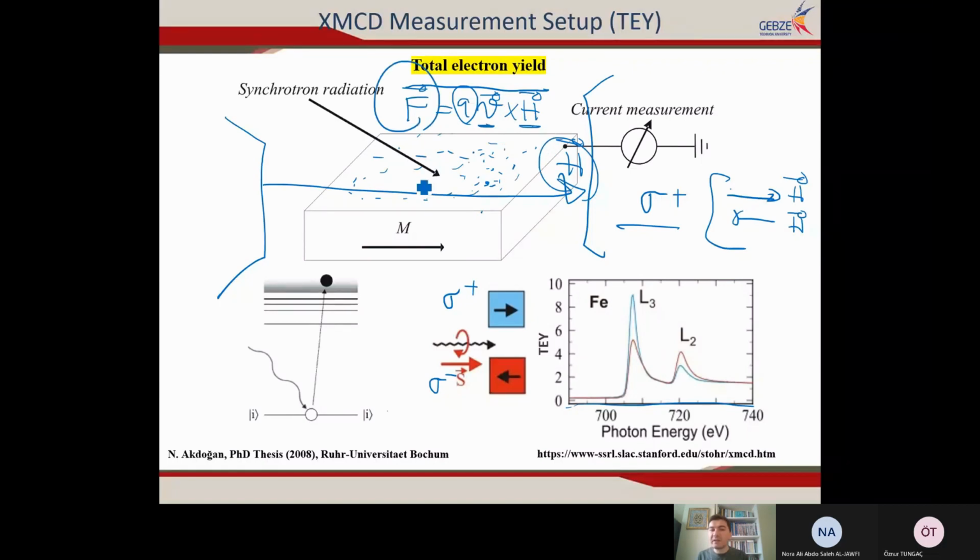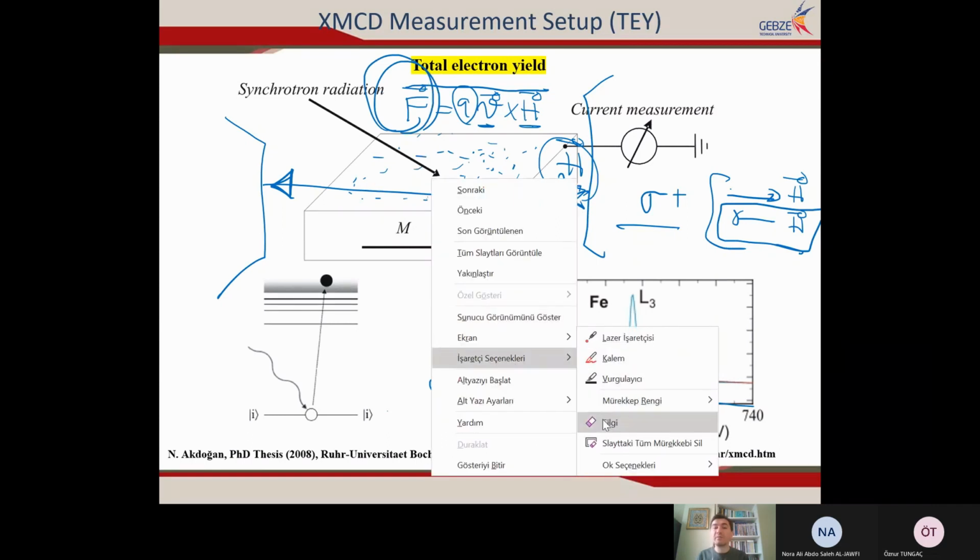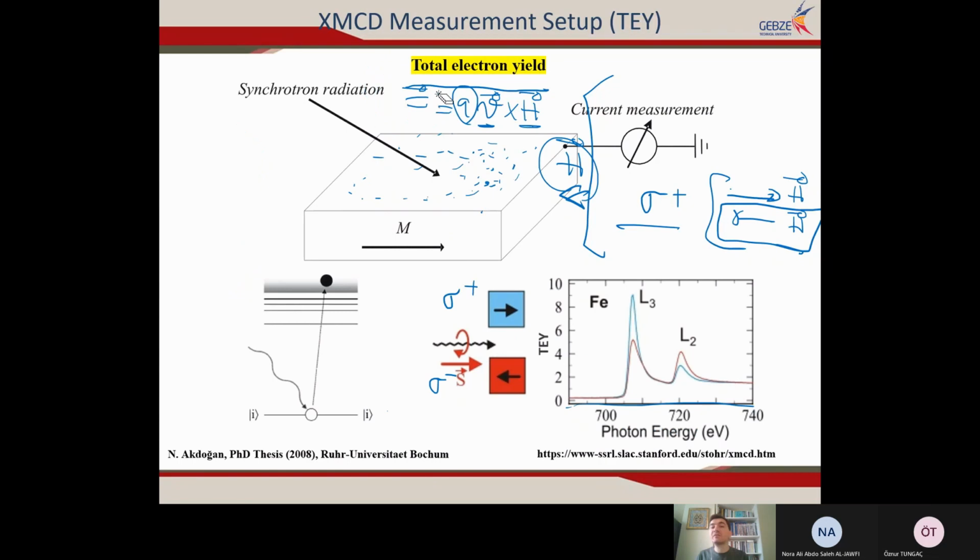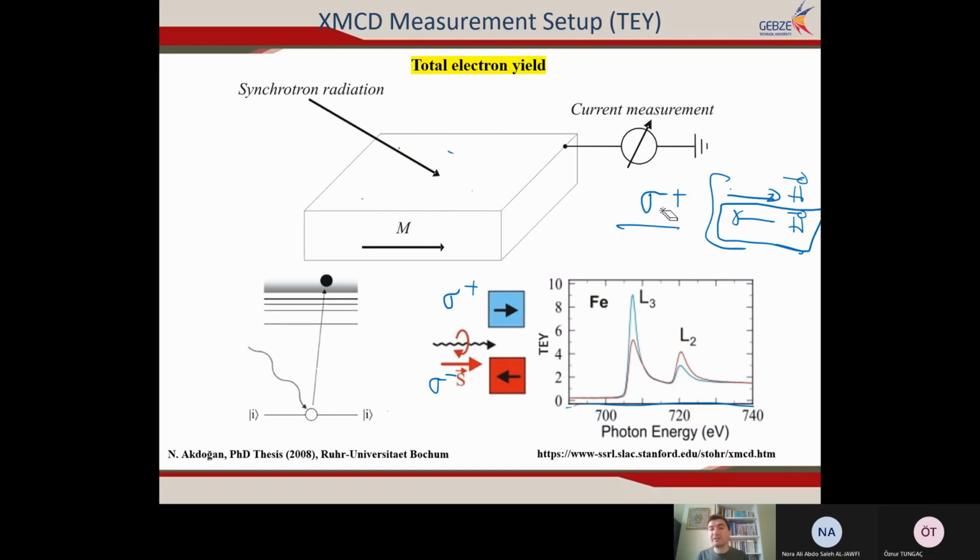Then there will be a Lorentz force acting on the electrons and the electron trajectories will be deflected. If you reverse the direction of the magnetic field, you change the direction of the Lorentz force and you will affect your result. For this reason, in XMCD experiments with the total electron yield method, a magnetic field is not used.